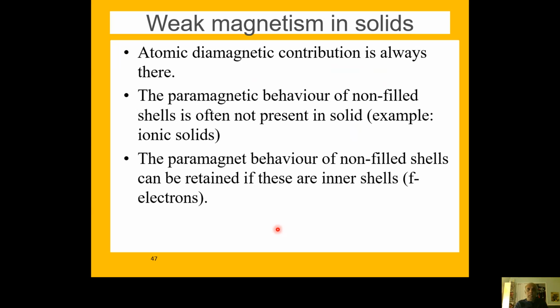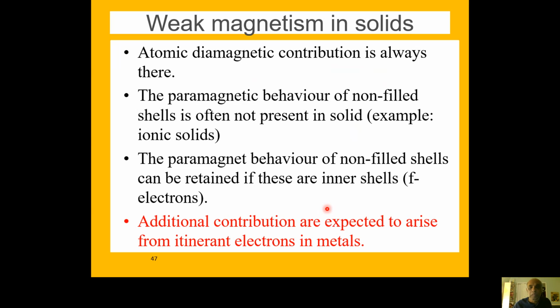It's mostly coming from the inner shells of f electrons, like we discussed with erbium and Pr kind of material. So far we talked about these two effects. One is the Larmor diamagnetism. Then we talked about this ionic paramagnetism, which we call the Curie paramagnetism.